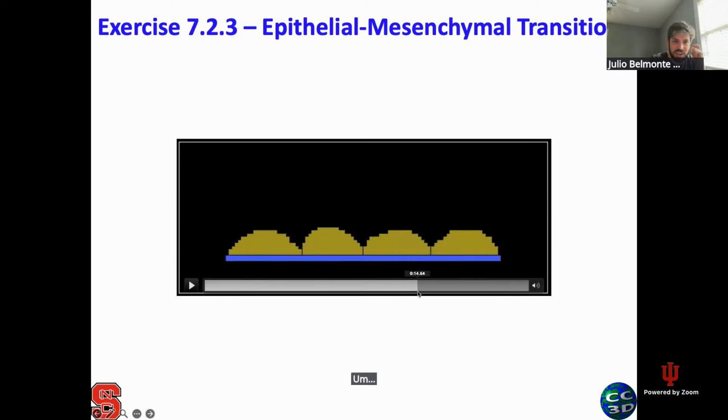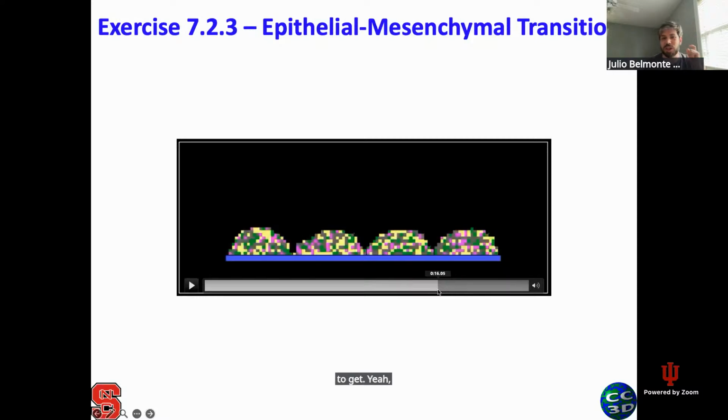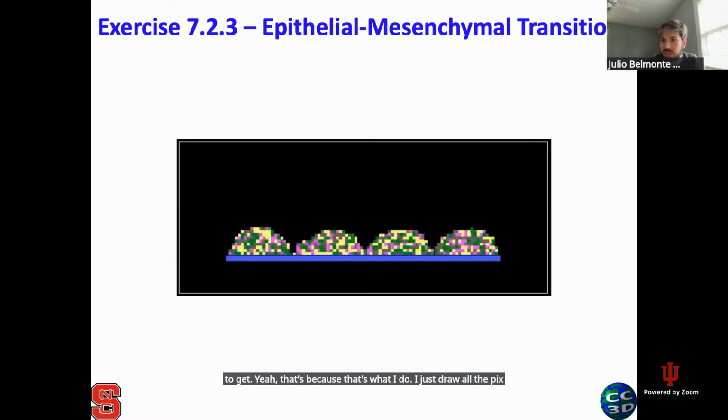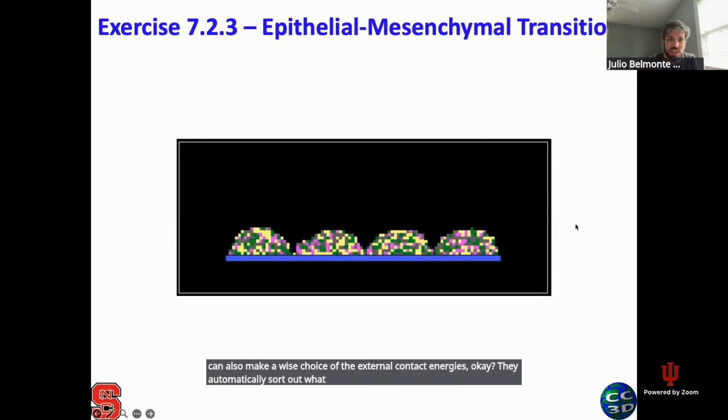Here, the first thing that I do is the pixelization. I just draw all the pixels randomly inside the cells. And because I make a wise choice of the external contact energies, they automatically sort out what it should be.